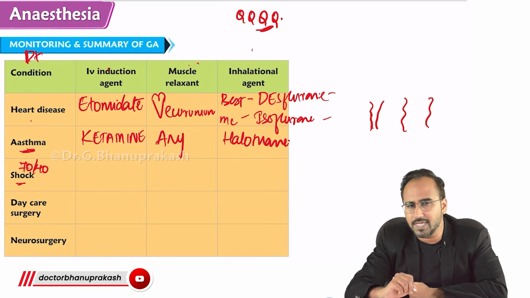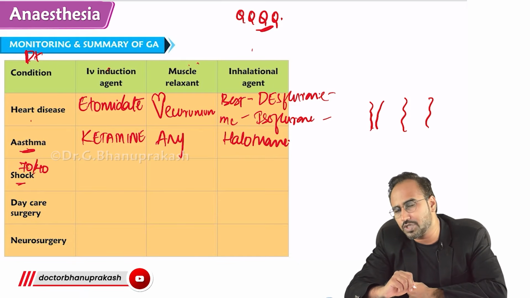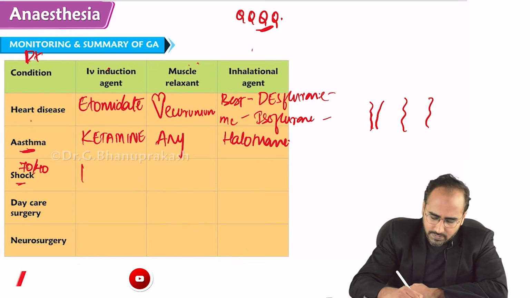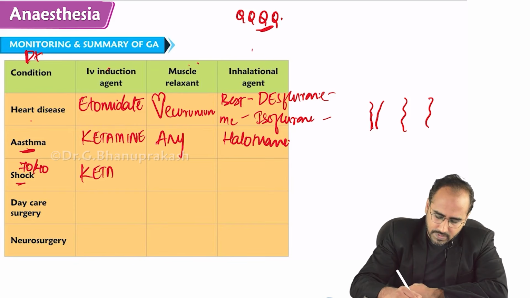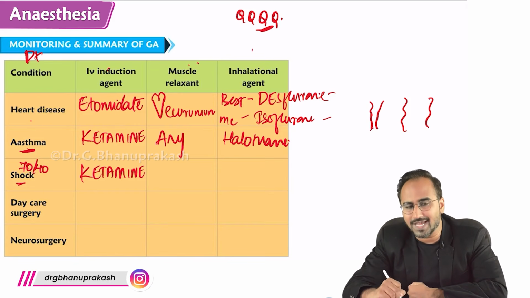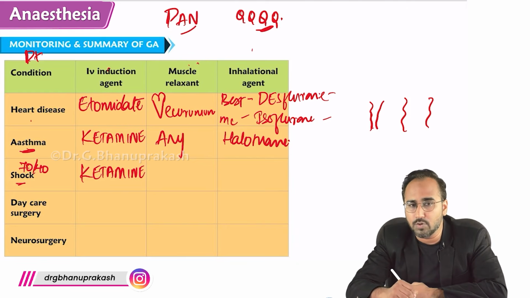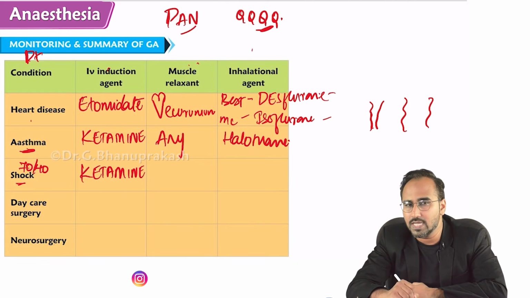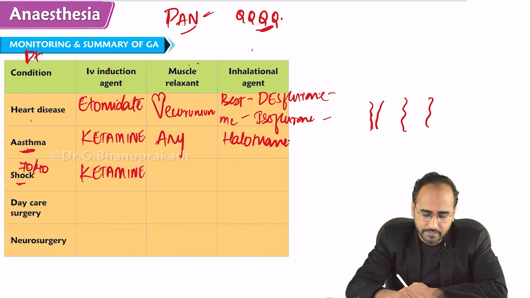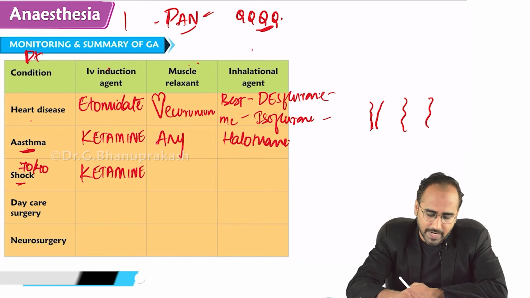Next, a patient is in shock with a BP of 70/40. Which is the IV induction agent you make the patient unconscious with? Ketamine. Next, which is the muscle relaxant of choice in shock? Pan-India movie, pancuronium. Yes, I told you, Pan-India movie, pancuronium. Why?